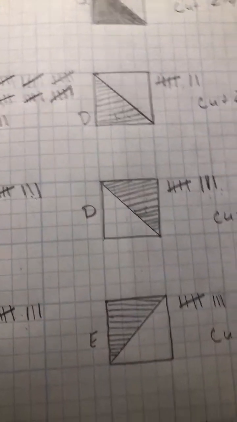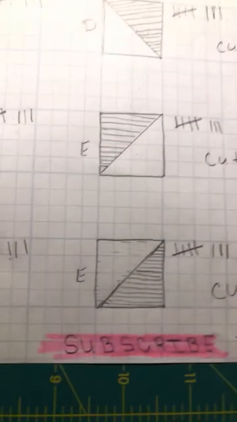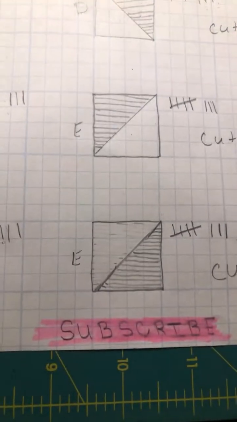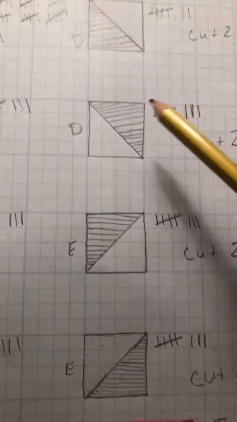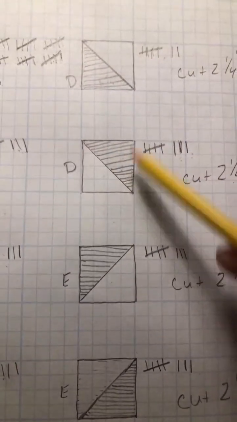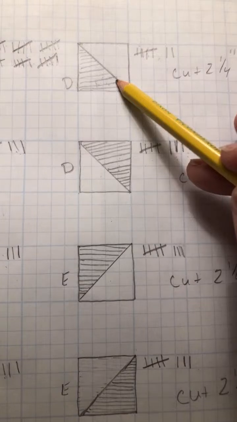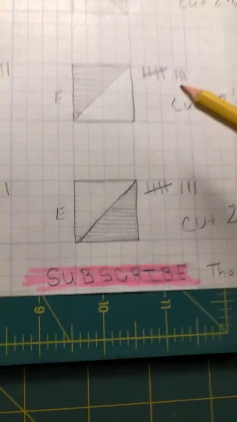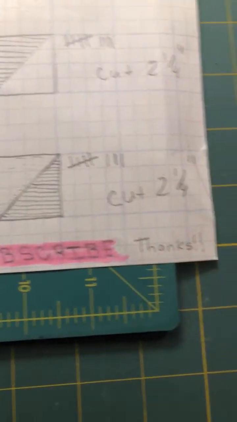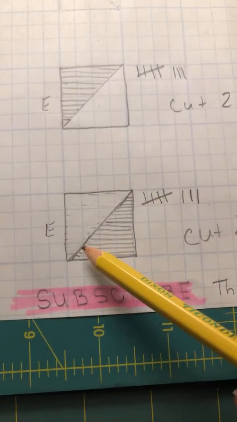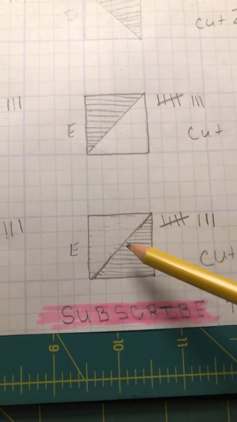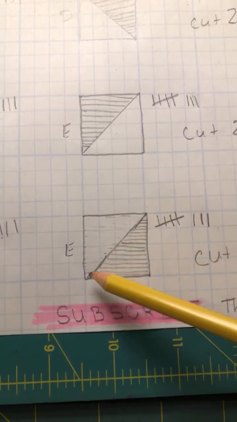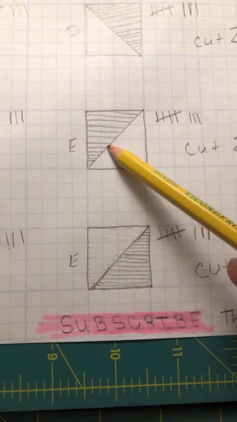Okay? And then this is what I'm calling my half square triangle E. So where you look, the seam line is going this way for this print, for D half square triangle. For my E half square triangle, it's going in this direction. For E, can you see? It's going in that way.